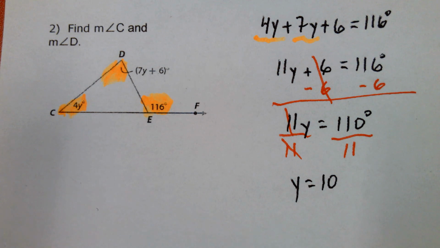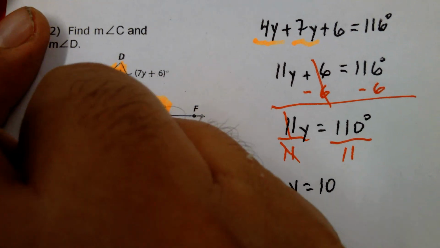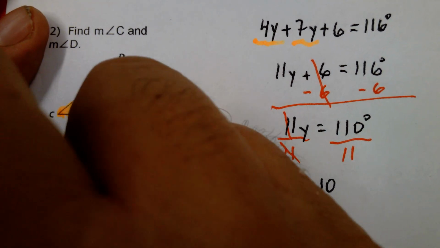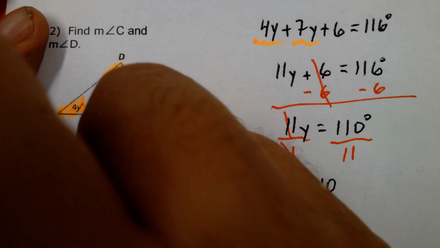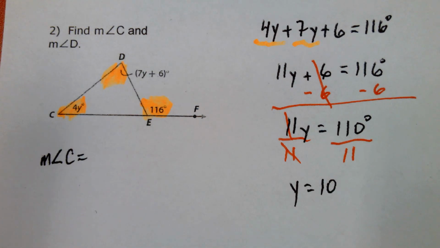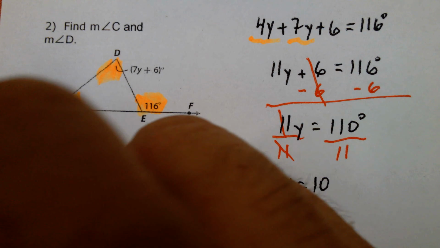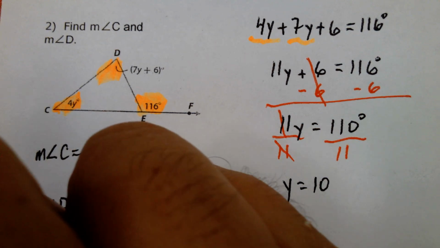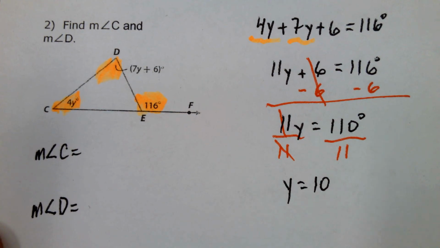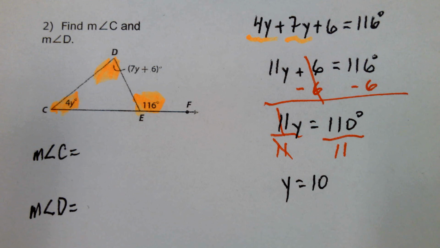But we want the measurement of these angles. So we want the measurement of angle C and then the measurement of angle D. How can we find that? We want to know how many degrees each of those are.